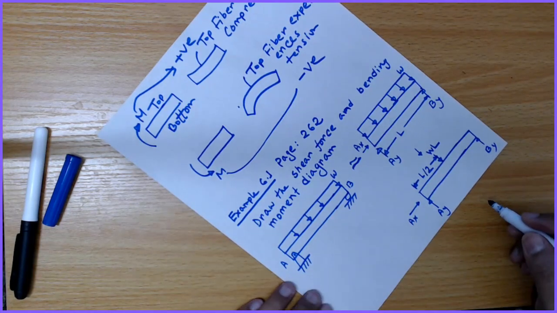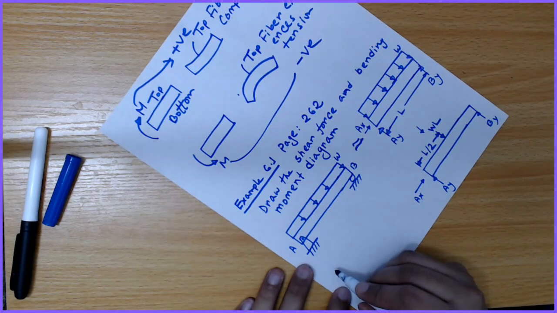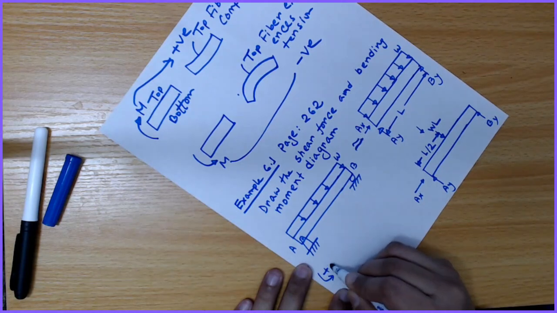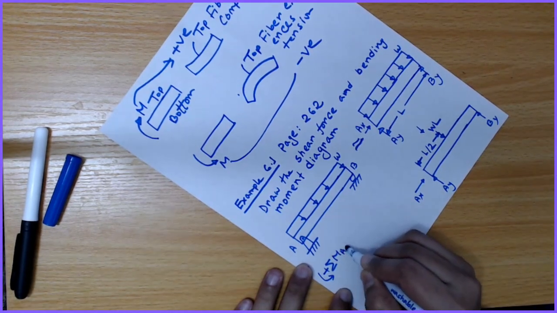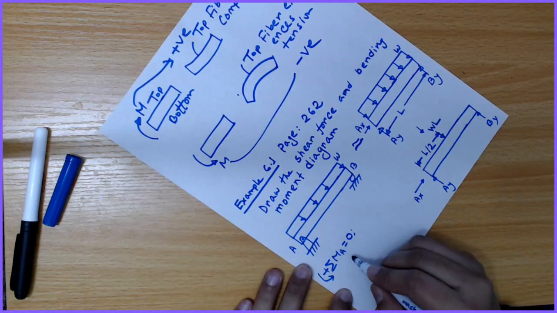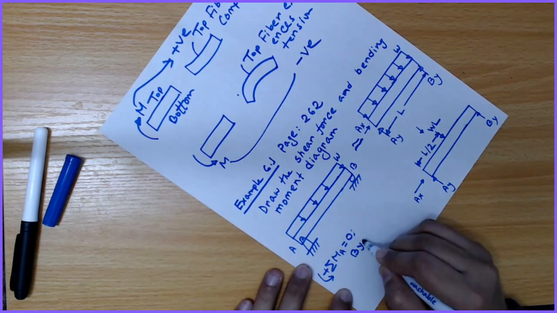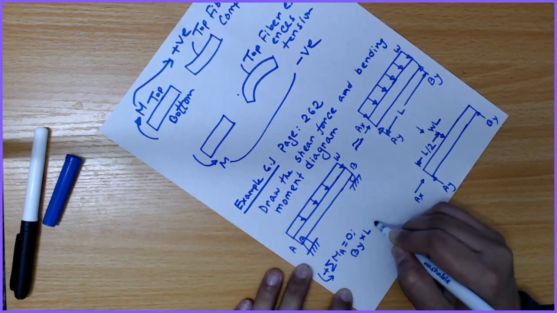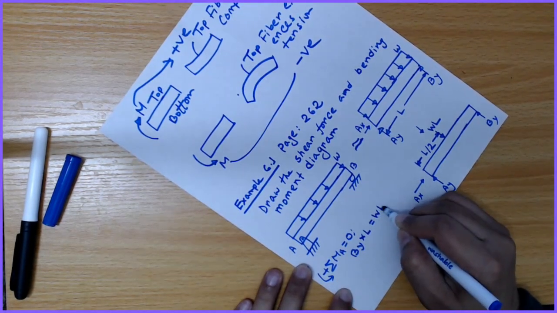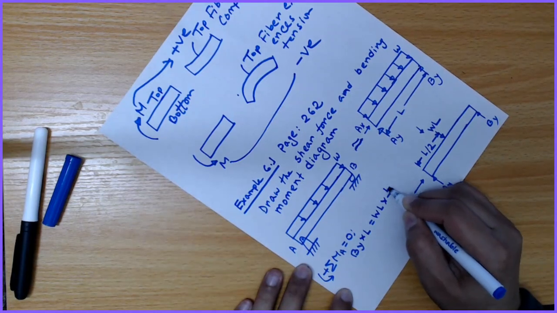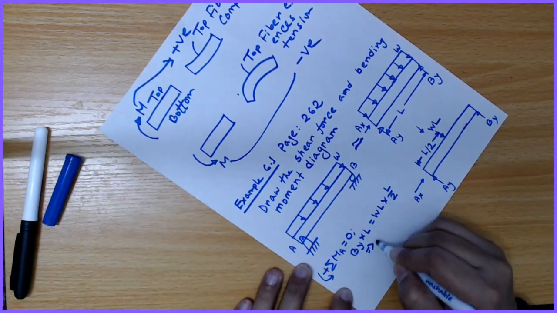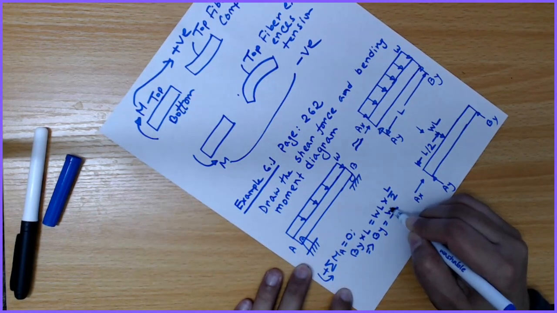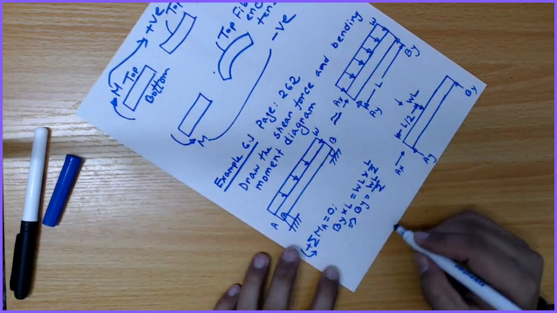Now if I take the moment with respect to A, we can say BY multiplied by L is equal to WL multiplied by L by 2. We can say BY equal to WL by 2.